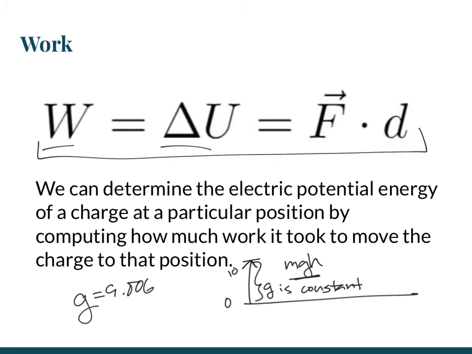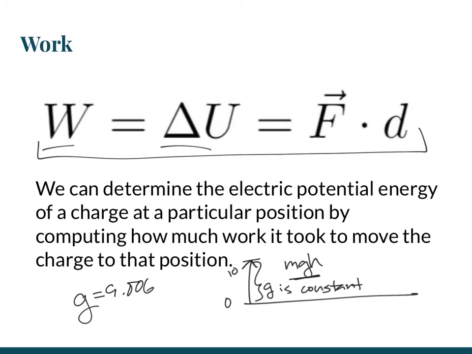However, with electrical charges, we are going to be working at distances where the radius will drastically change the force due to Coulomb's law. So we can't do anything quite as simple as mgh for calculating the potential energy due to a point charge.